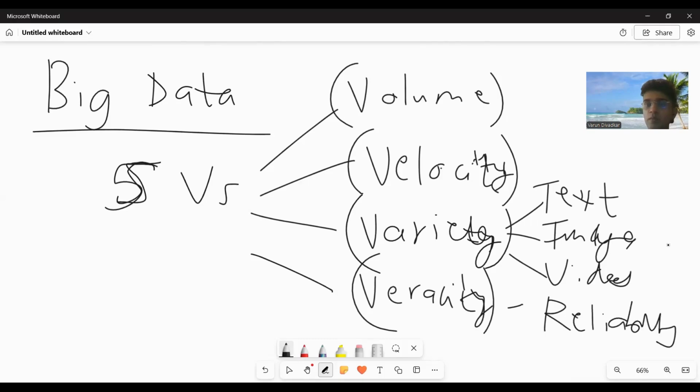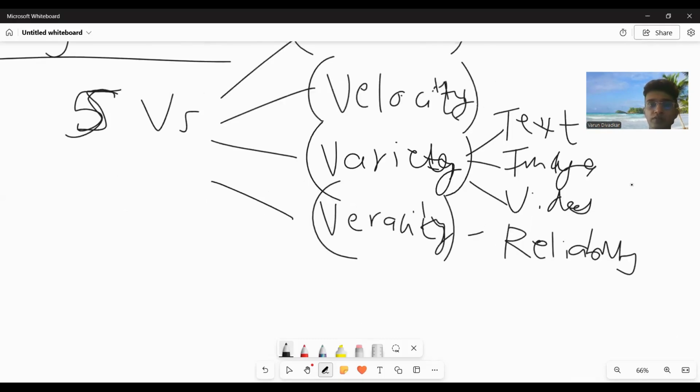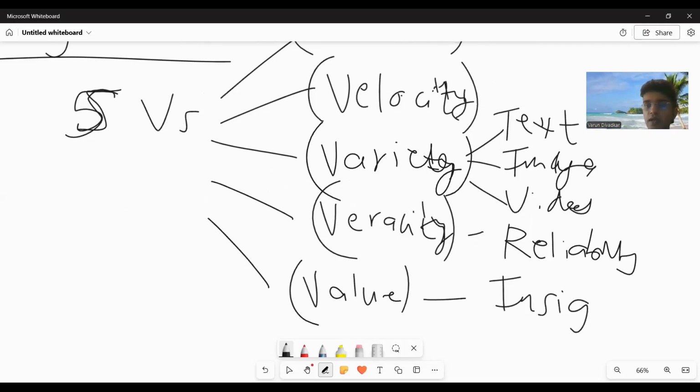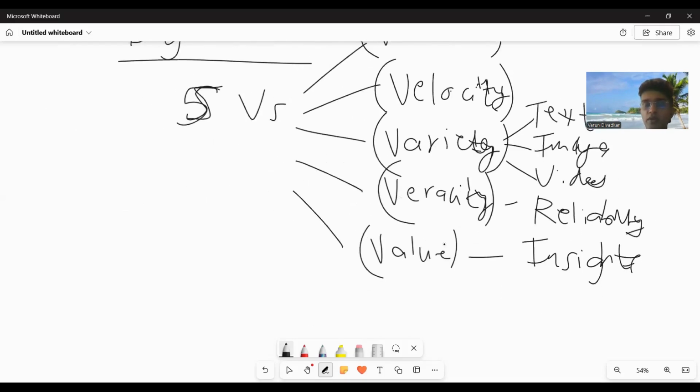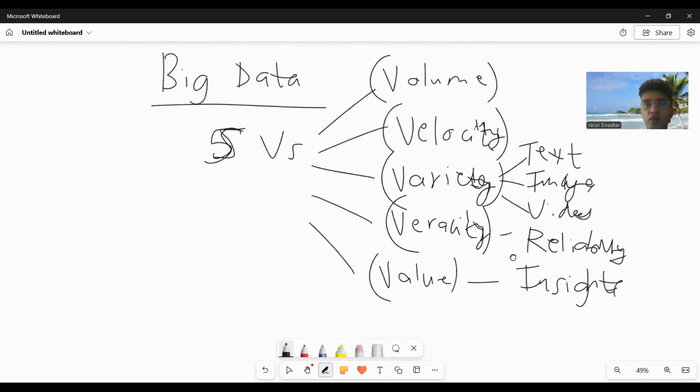Your data has to be reliable at the end of the day. And the fifth one is value. To derive insights from the data is the fifth and last fundamental V of the big data paradigm. So these are the 5 V's of big data, which basically characterize what big data is.